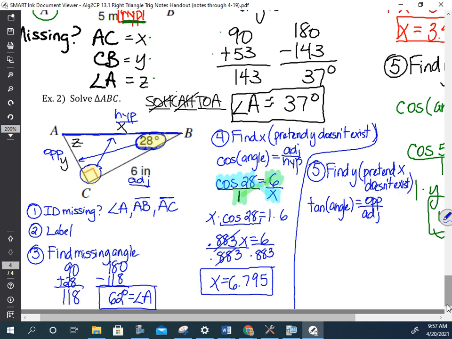We got opposite over adjacent. So the angle is 28. Tan 28 equals y over 6.